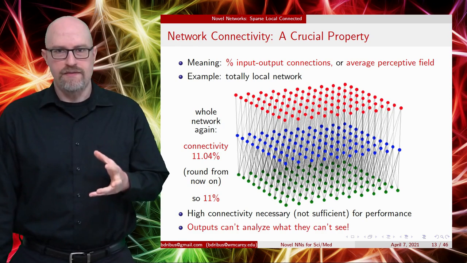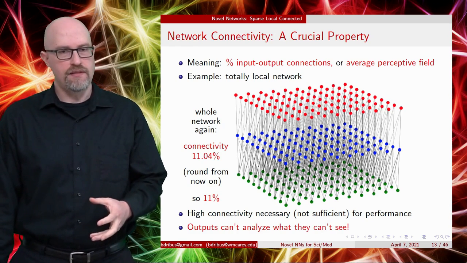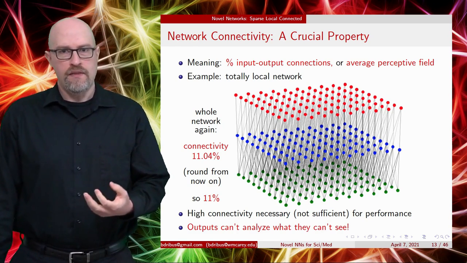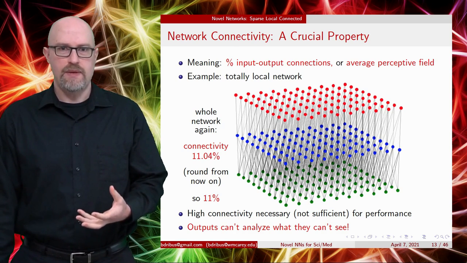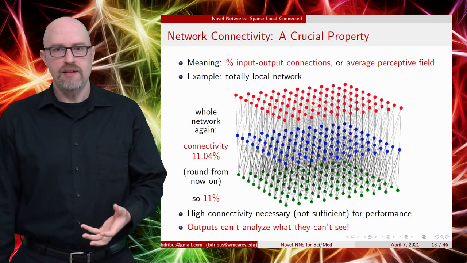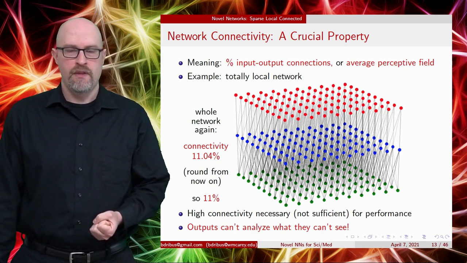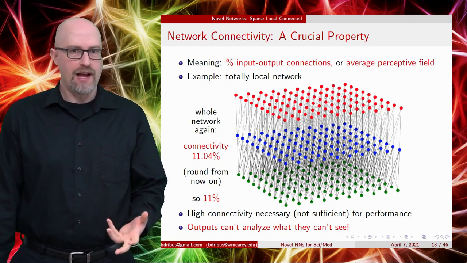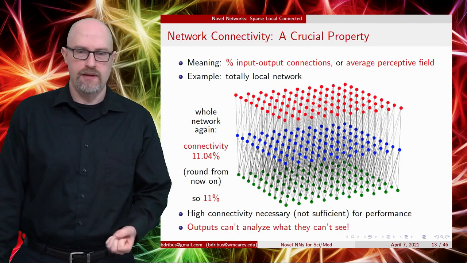The importance of network connectivity presents us with a dilemma. On the one hand, local networks tend to be poorly connected, while random networks are well connected. On the other hand, random networks lack local feature analysis capabilities.